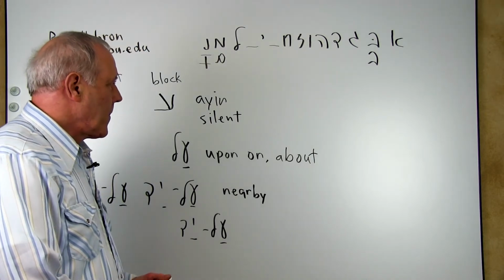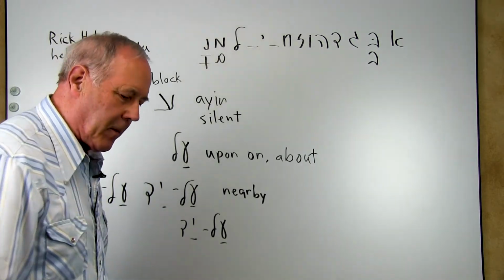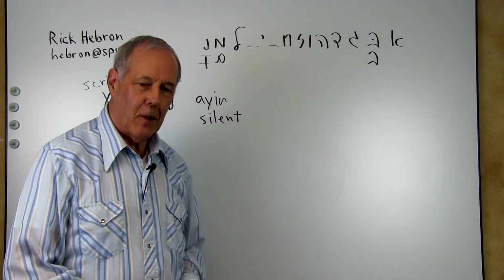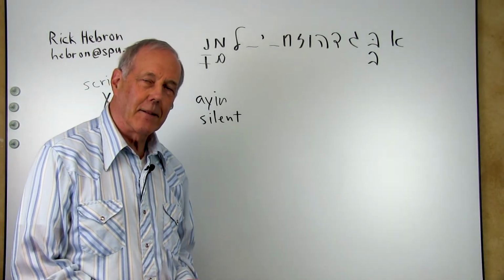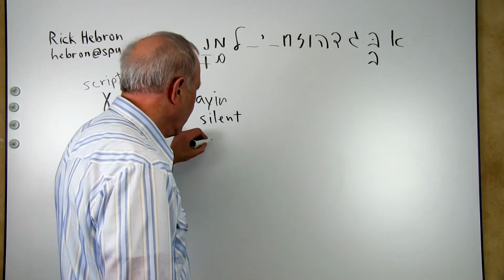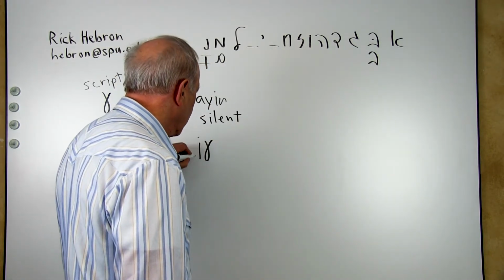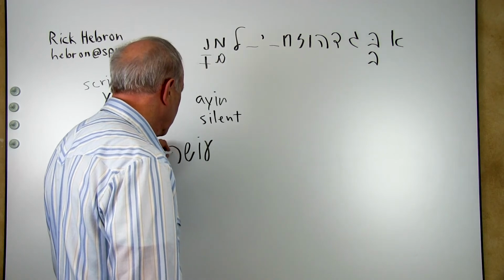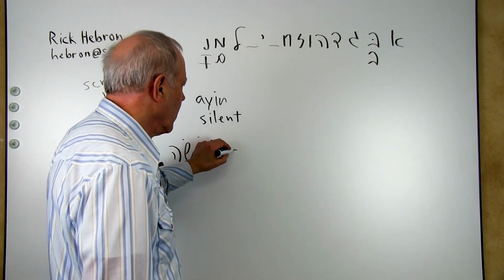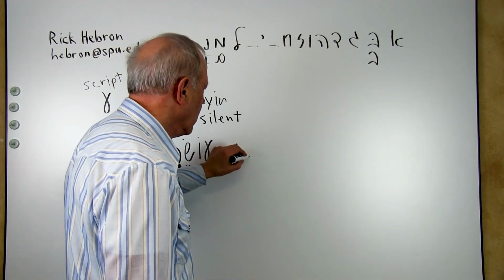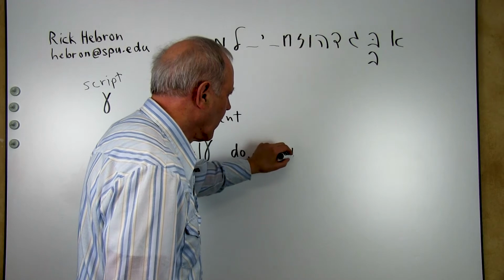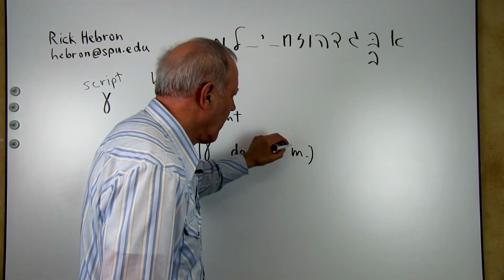Another word, I need to make more room on the board though. We have a couple more words that we can make with our ayin. Ose is do or does. Masculine, that's a masculine verb.